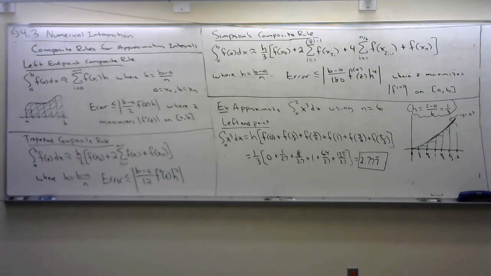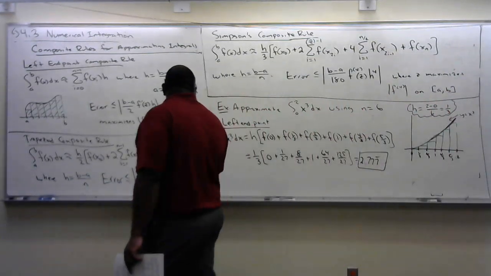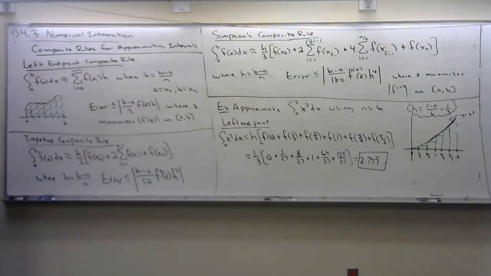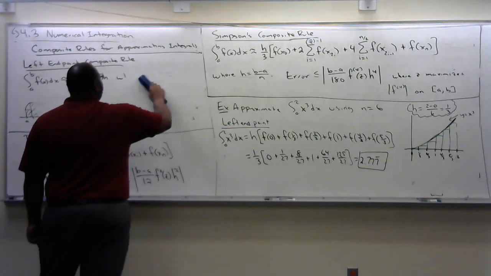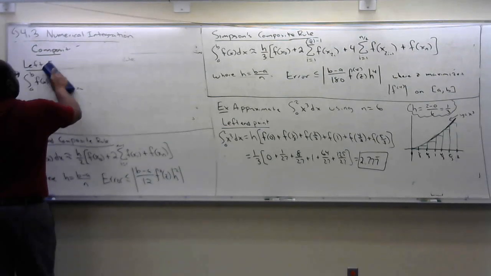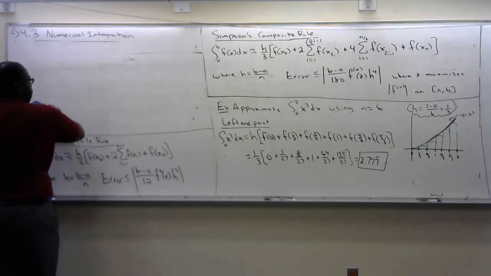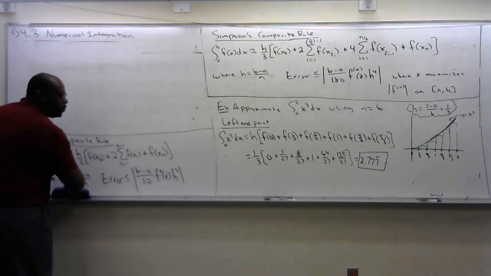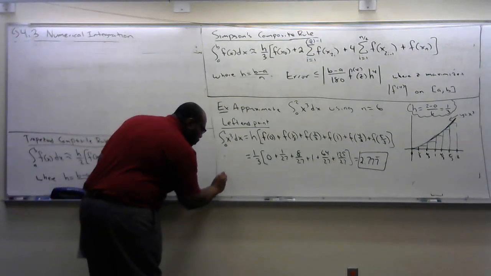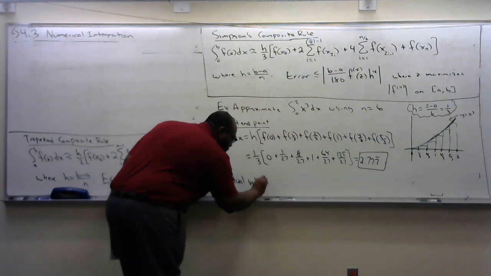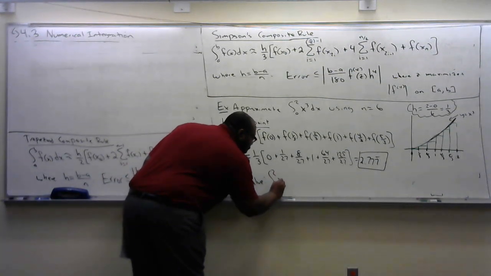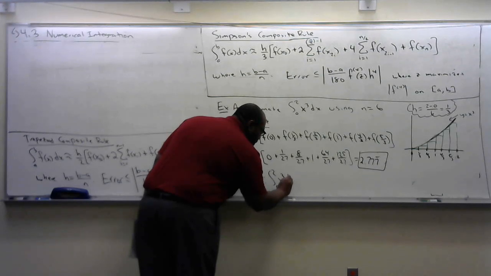It'd be nice to actually know what the actual answer here is, right? What's the actual value of this integral? Let's find that out. So the actual value: the integral from 0 to 2 of x cubed dx.